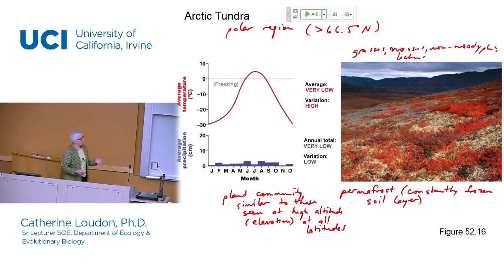So in other words, if one is at a lower latitude but high up, high in elevation, high in altitude, then one can see similar kinds of plant communities because of the similarity in the conditions where it's extremely cold and there's much less precipitation, and one sees plant communities that are very, very similar to this one.